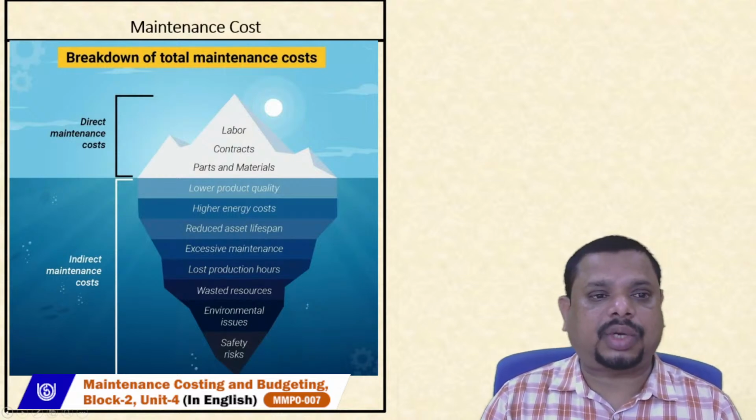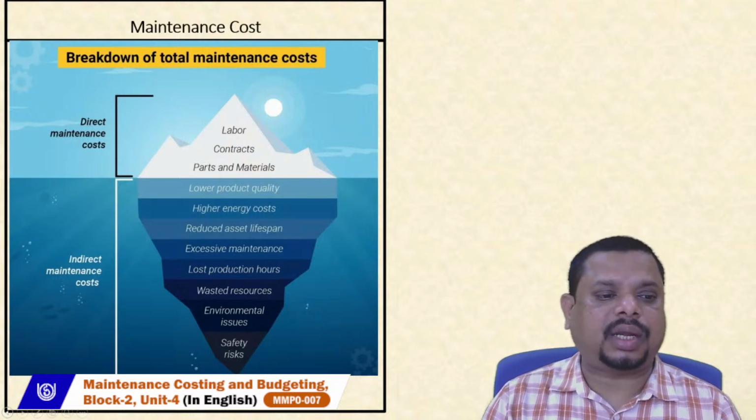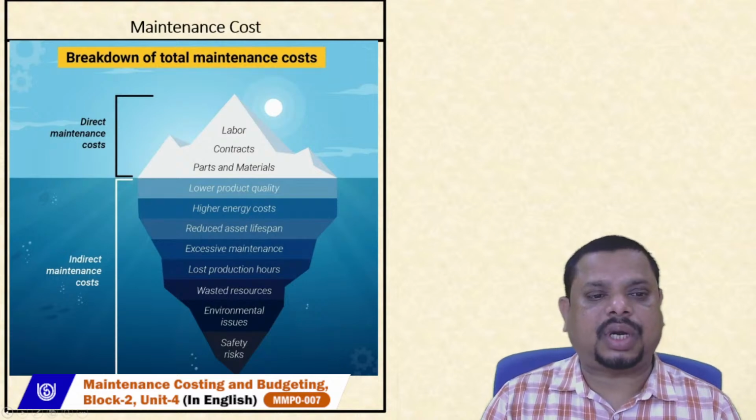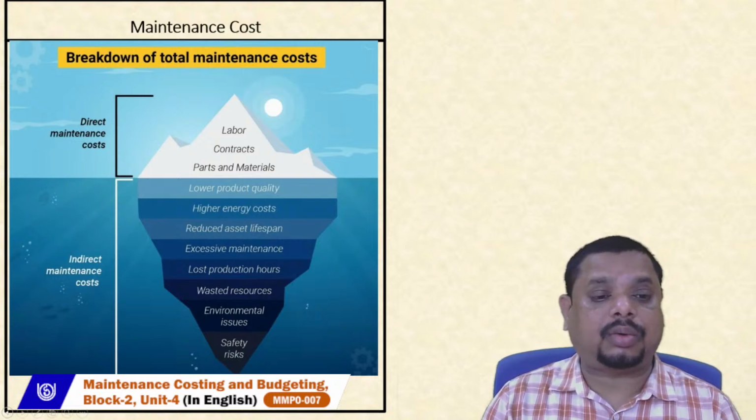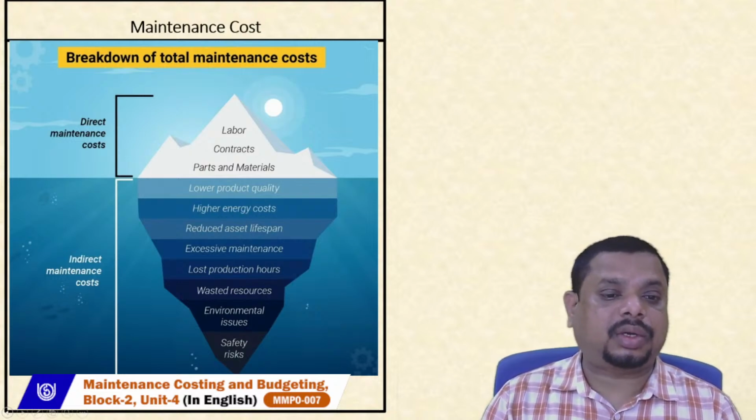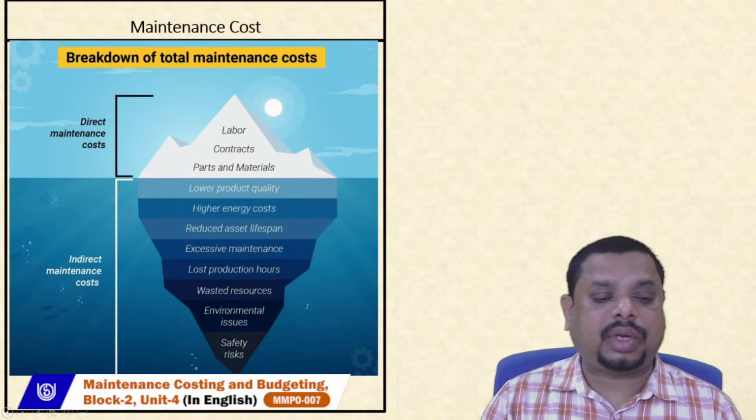These are of two types: direct maintenance cost and indirect cost. Under direct cost, we have labor cost, contract cost, parts and material cost. In case of indirect cost, we have lower product quality, higher energy cost, reduced asset lifespan, excessive maintenance, lost production hours, wasted resources, environmental issues, and safety risks.